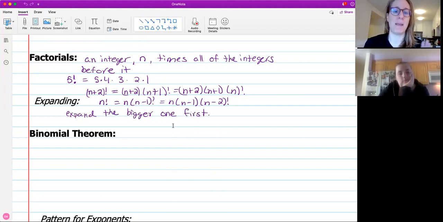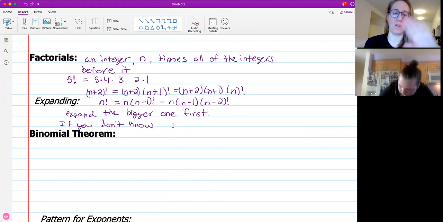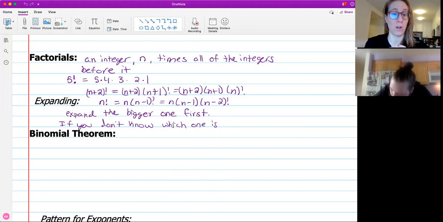That might even help you figure out how to break pieces off, because when you're simplifying, you want to take the larger one and pull pieces off until it's equal to the smaller piece.